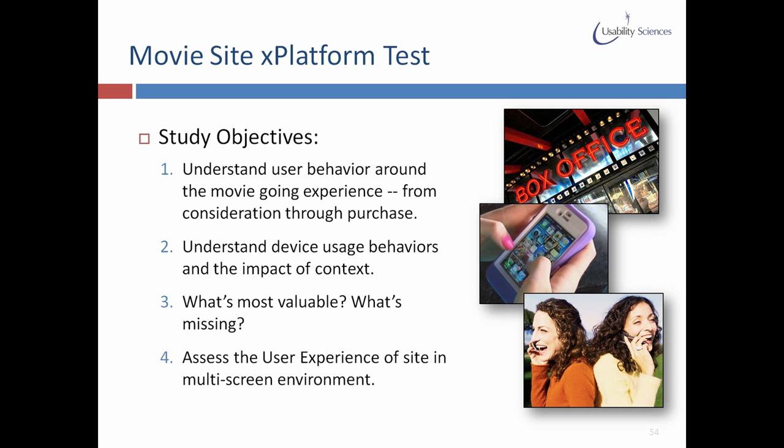The client also really wanted to understand how device or purpose of device would be impacted based on what the user is doing, where they might be in their day-to-day activities, and how that would drive the device usage. We also wanted to take a look at features and understand which features were most viable on the mobile versus the tablet versus the desktop version of that site. And then lastly, we really wanted to ensure, again, that the overall user experience across these different platforms really held up.